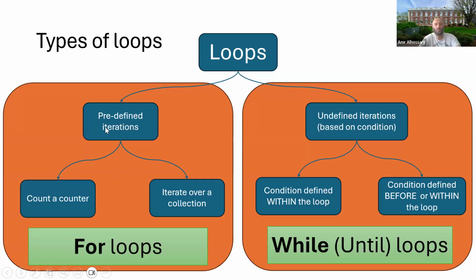And the predefined iteration can be either by counting a counter or iterating over a collection. The other thing is by checking the condition, whether it is before or within the loop. The first group is called for loops, and the second is called while or until loops, or do while loops, whatever.